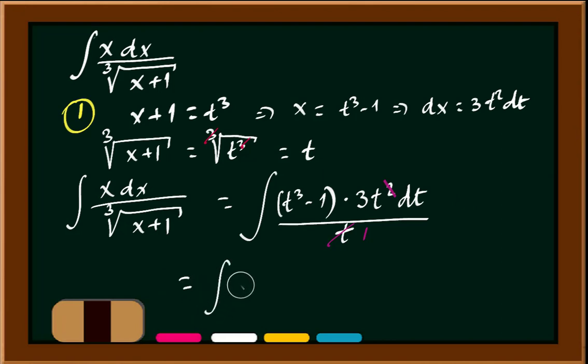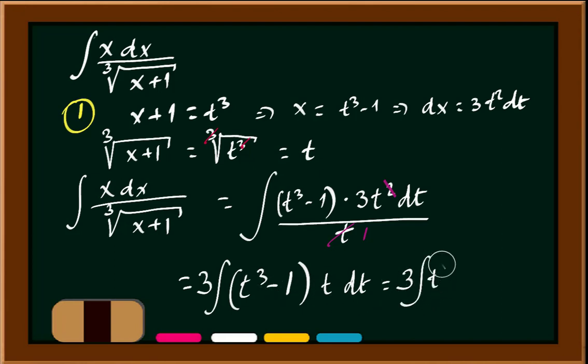So now I have a simple integral of known methods. So what I'm going to do is, I will say it's equal to 3 times the integral of t cubed minus 1 times t dt, which I'm going to distribute, the 3 and the t on both.